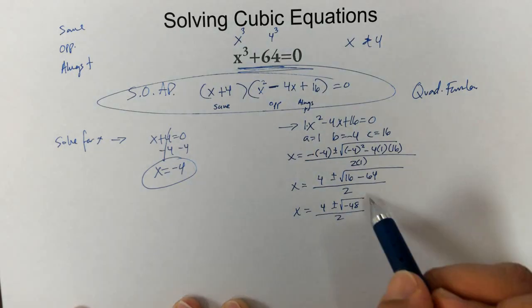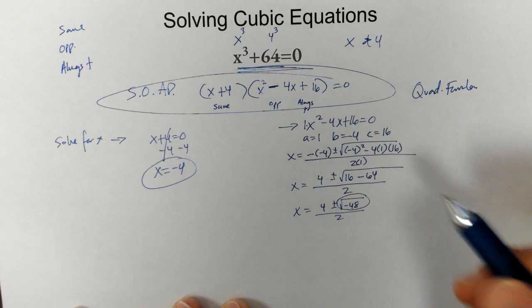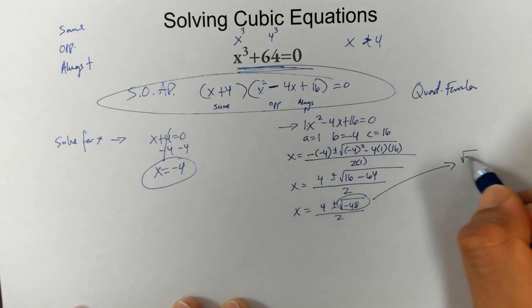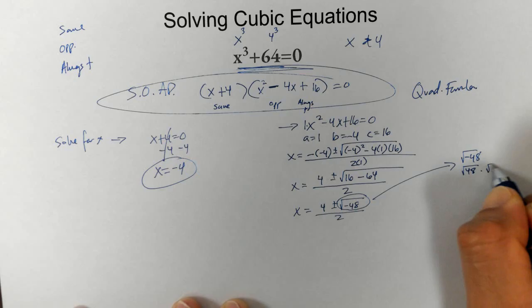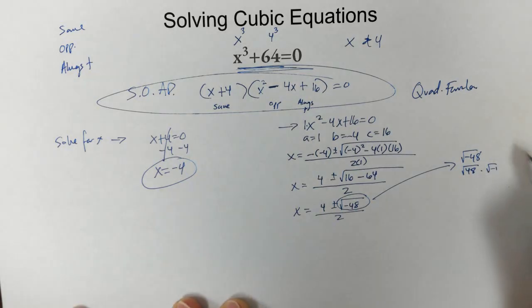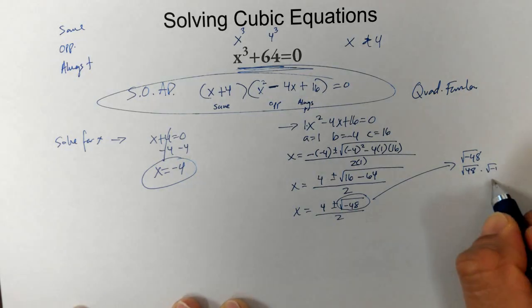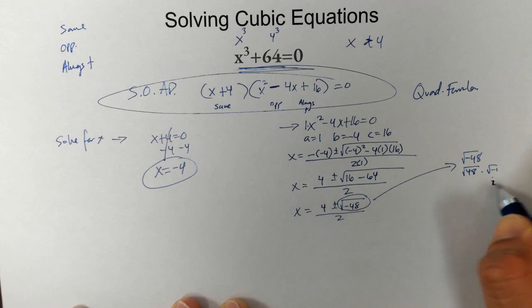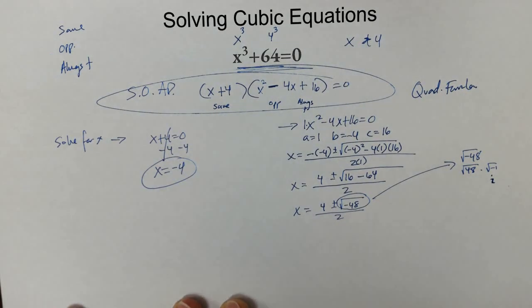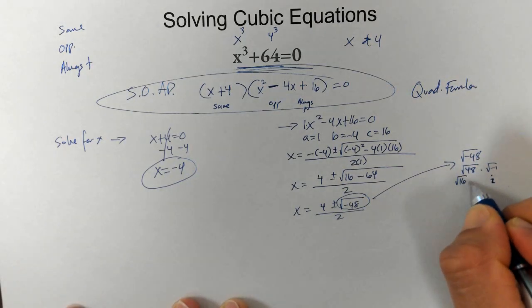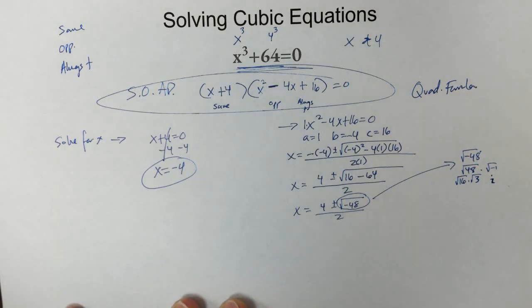Now, how do I simplify the square root of -48? Let's do that over here. This is just saying 48 times -1. That -1 will turn into an imaginary number, the letter i. And 48 can be broken into several things. We can do 16 times 3. 4 times 12 would work. 6 times 8 would work.